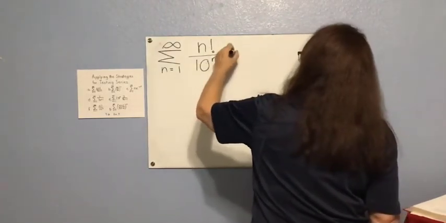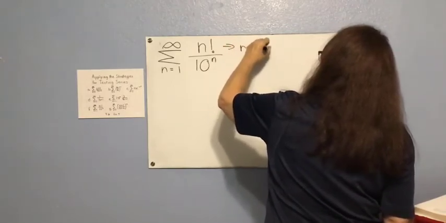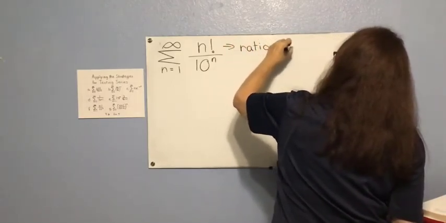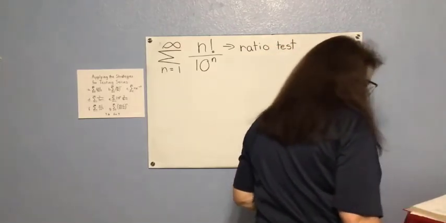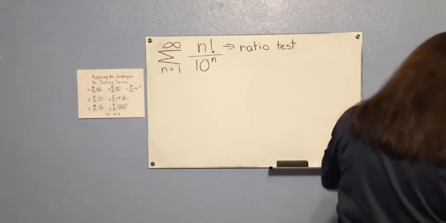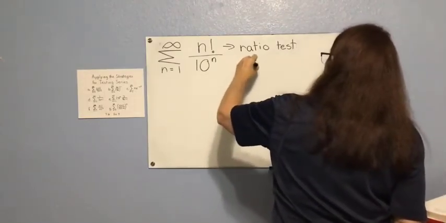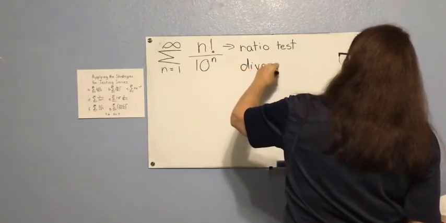So when I see the factorial, that should make me think, let's try the ratio test. Okay, and when I do apply the ratio test, I see that this series diverges.